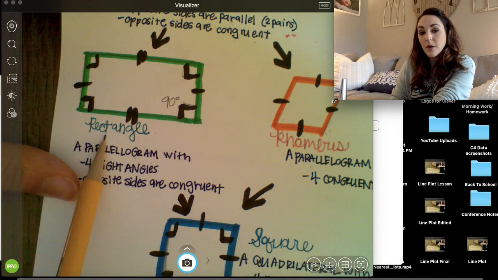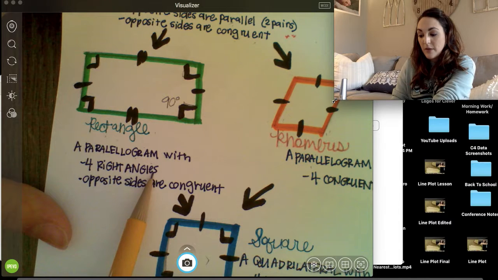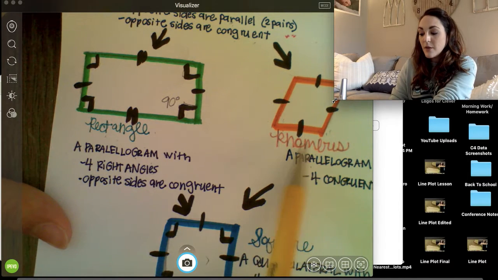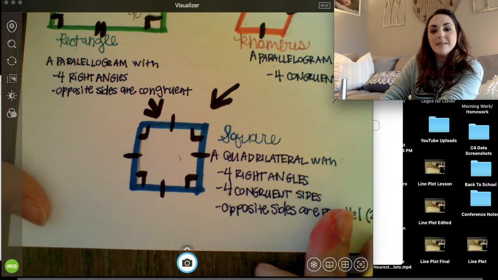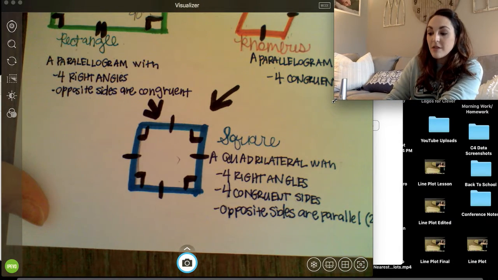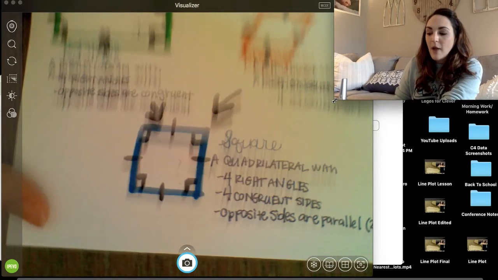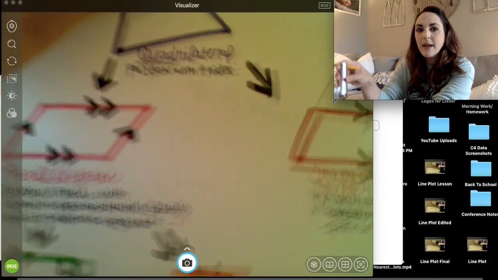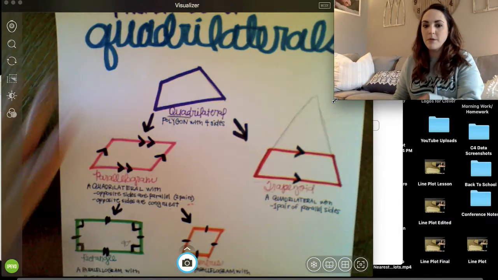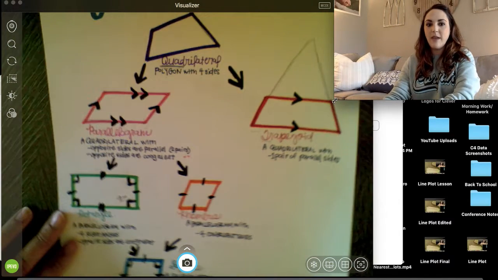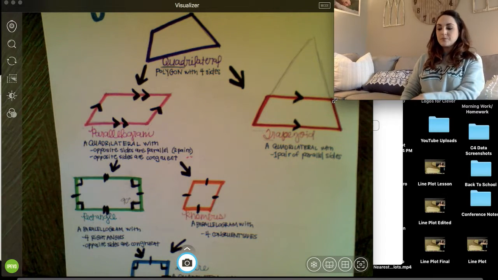A square is also a rectangle because there are four right angles. A square is also a rhombus because the sides are also congruent. So a square possesses all the properties of the shapes above it, okay? I really like this chart for that reason. It kind of helps us to remember if I'm thinking of a shape and I can't remember all of the properties, I know that it shares the properties of everything that is above it.